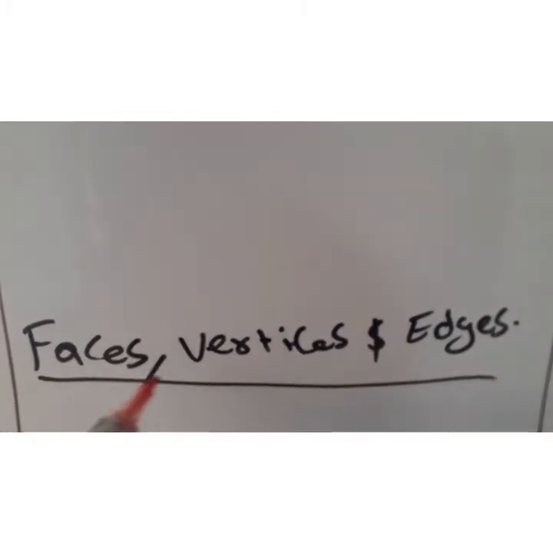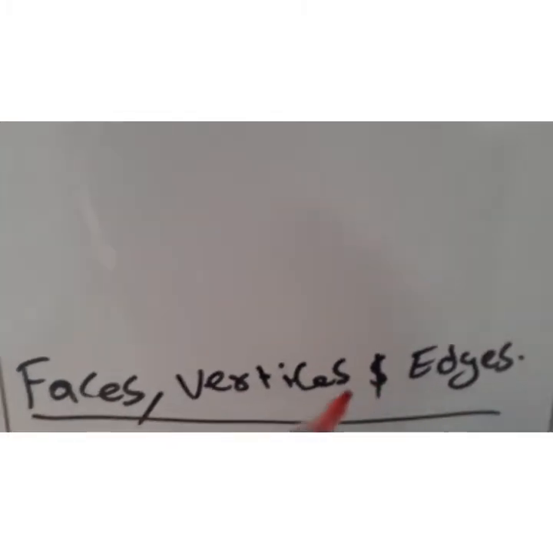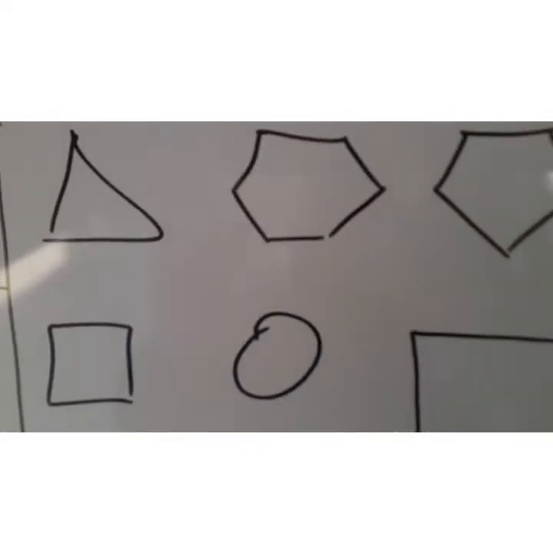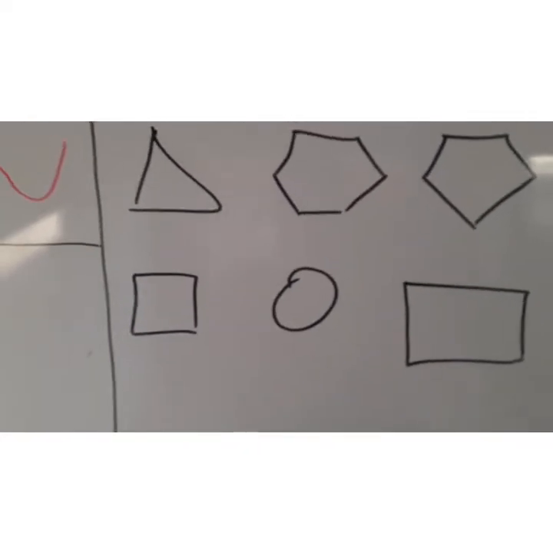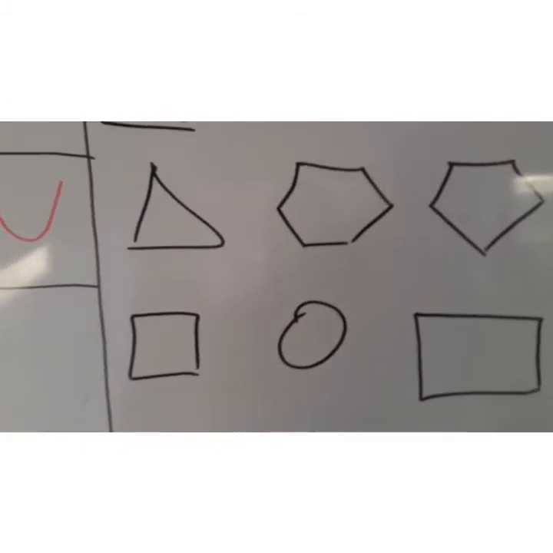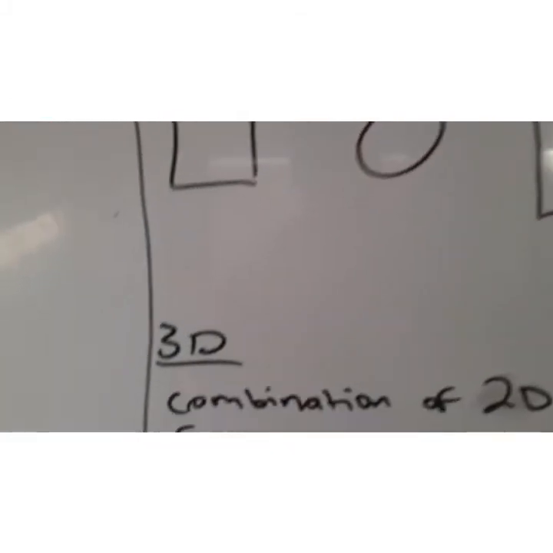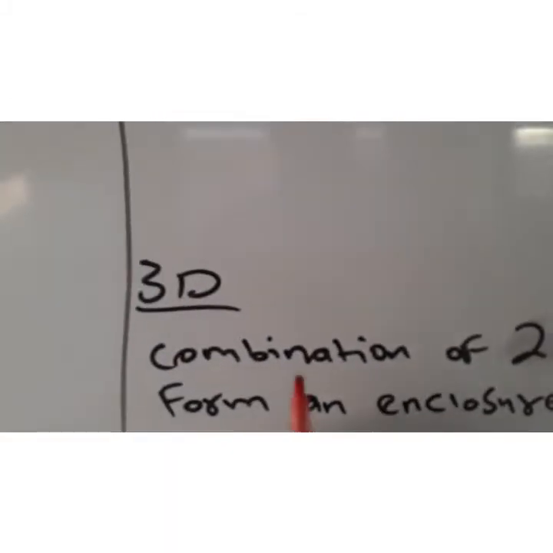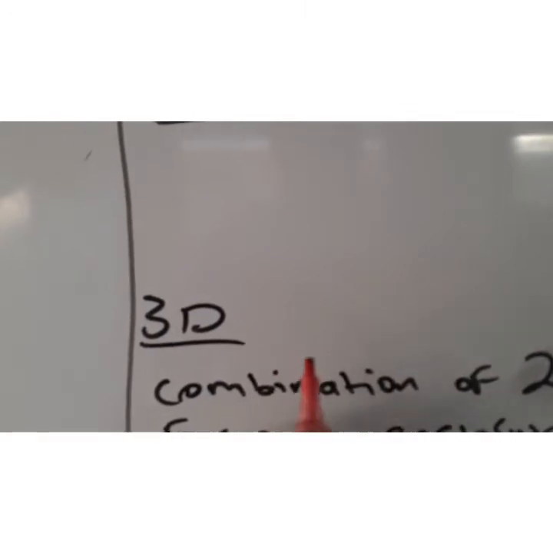Now all these objects, the pyramids and the prisms, have these things, as I've explained. They have the faces, the vertices, and the edges. I've explained that in two-dimensional objects, you only have one face. So when you deal with three-dimensionals, you will have more than one face.